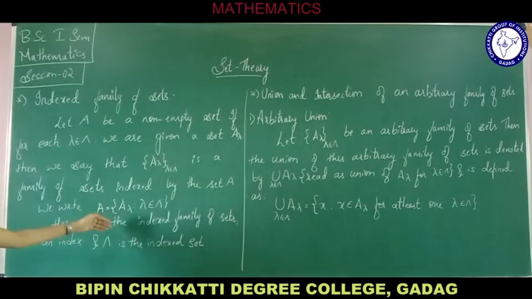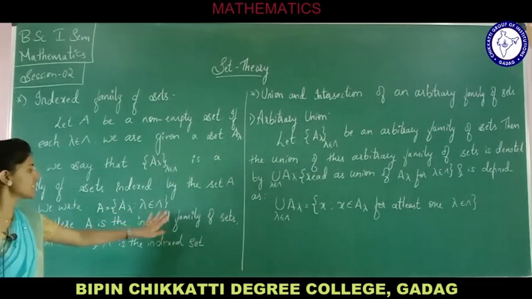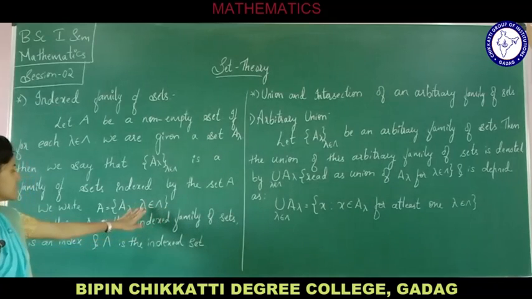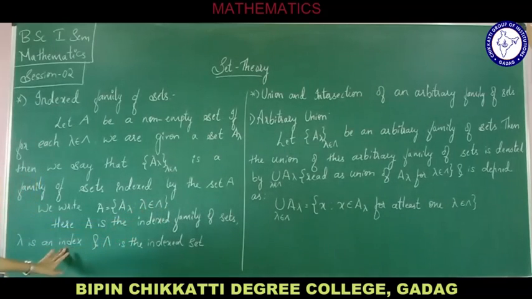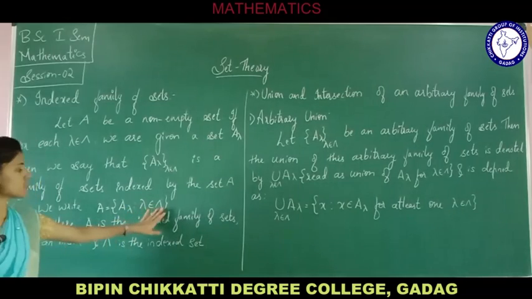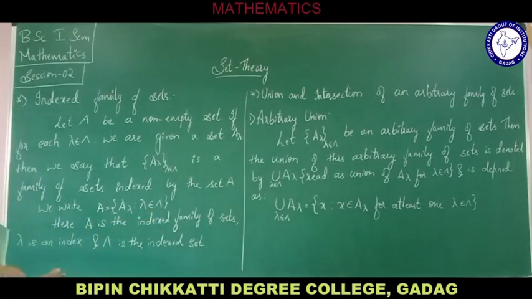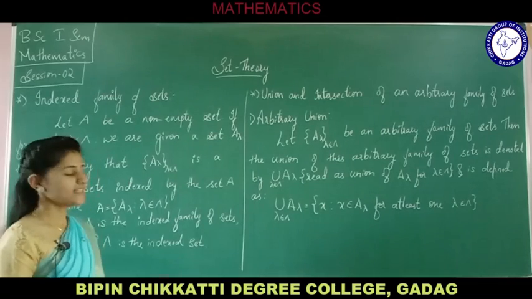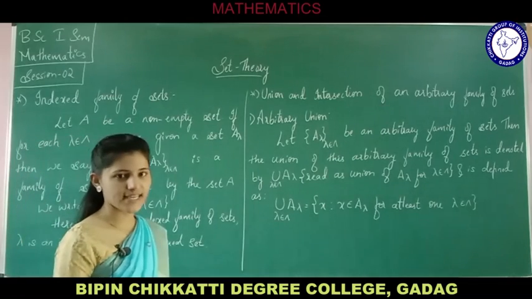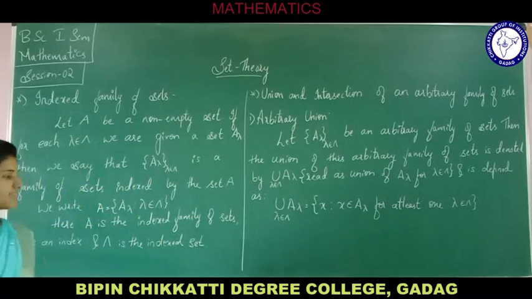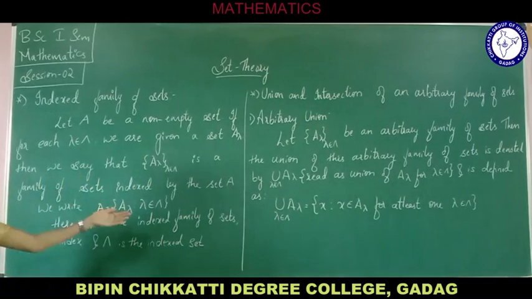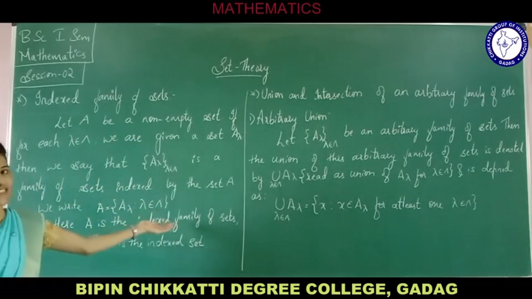This is defined as A lambda, where lambda belongs to this indexed set. Here lambda is called an index and this is called an indexed set. So for a non-empty set A, this indexed family is defined as A lambda such that lambda belongs to the indexed set.